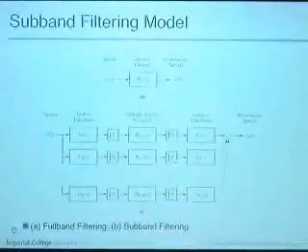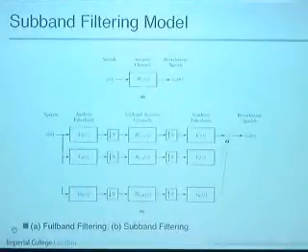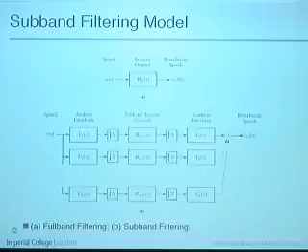Essentially, I want to find the relation between the full band transfer function and these subband filters. So I want the transfer function of this to be equal to the total transfer function of the filter bank, so that if you input a signal here, you get an output here, which has the same relation as these two.